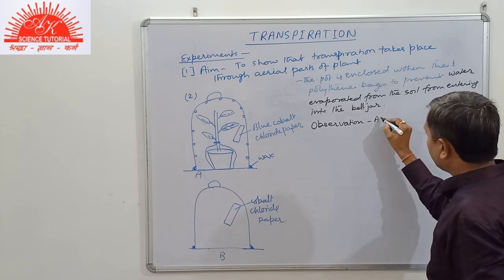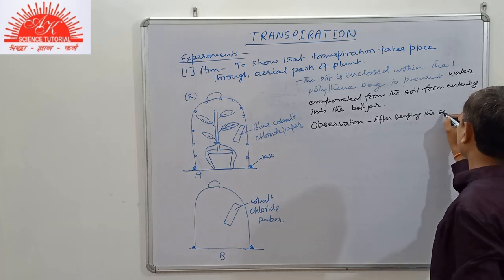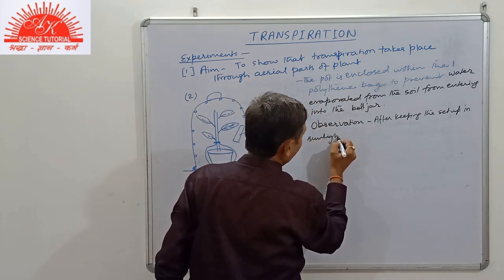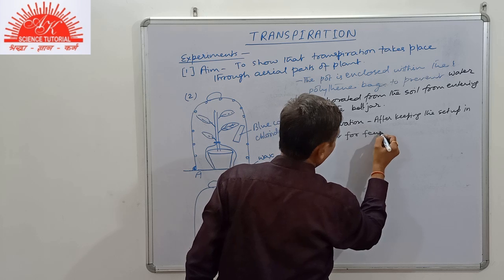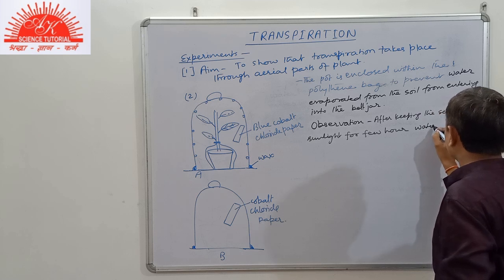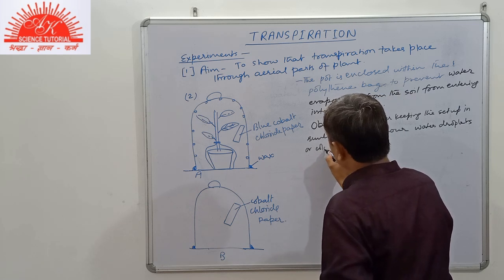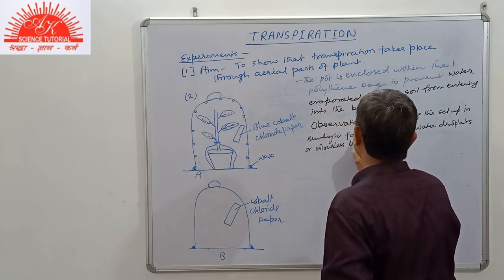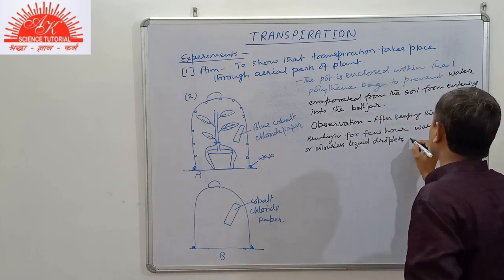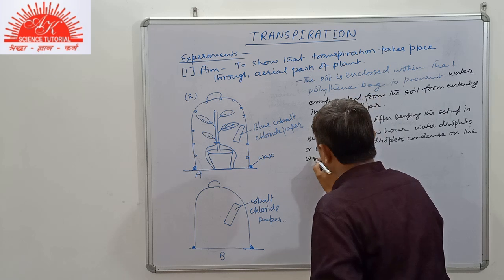So we see here that after keeping the setup in sunlight for a few hours, water droplets or colorless liquid droplets condense on the wall of the bell jar.